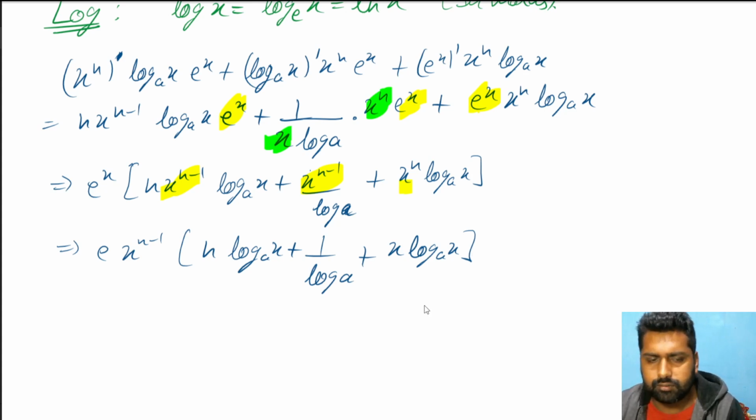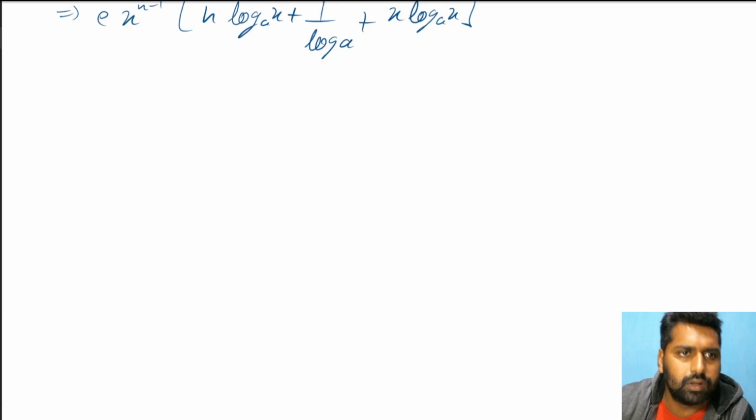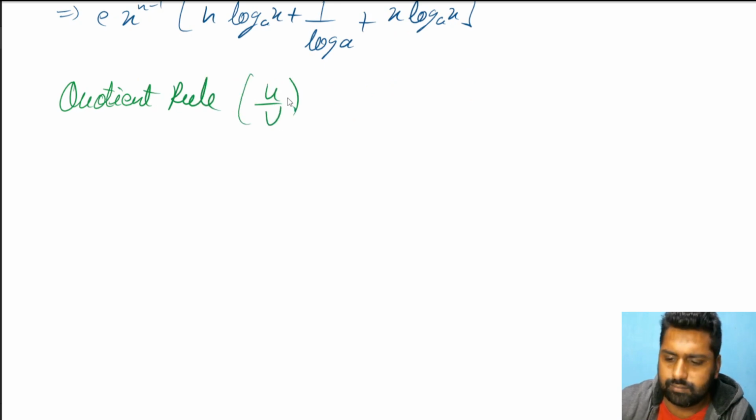So we are done with uv. Now we'll do the quotient rule, known as u by v. Again I'll give this in terms of dash.